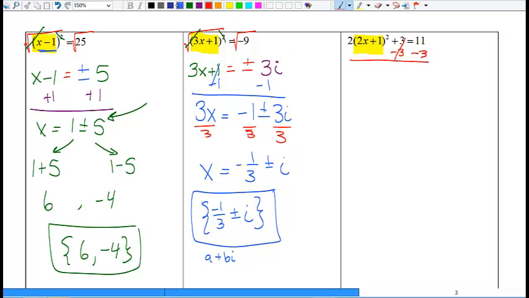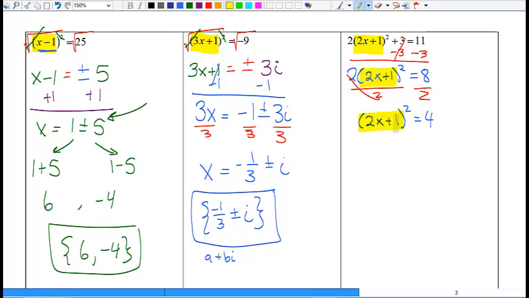So this gets me now 2 times 2x plus 1 squared equals 8. Notice my expression is still squared, but it's not quite by itself. So I'm going to come back and divide each side by 2. So now I have 2x plus 1 quantity squared equals 4.